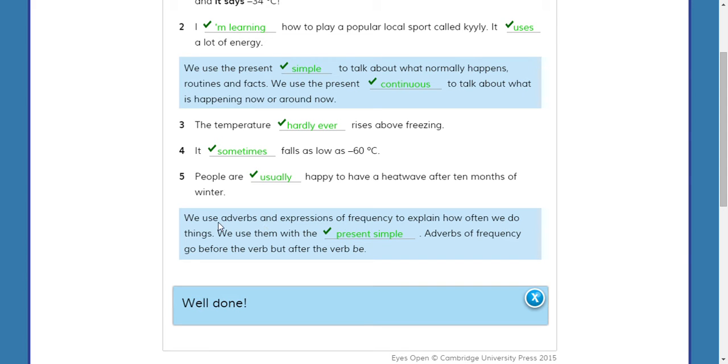For example, how often do you play soccer? Teacher, I always play soccer. Always, 100%. Or sometimes, or hardly ever, or usually, seldom. You can see later.